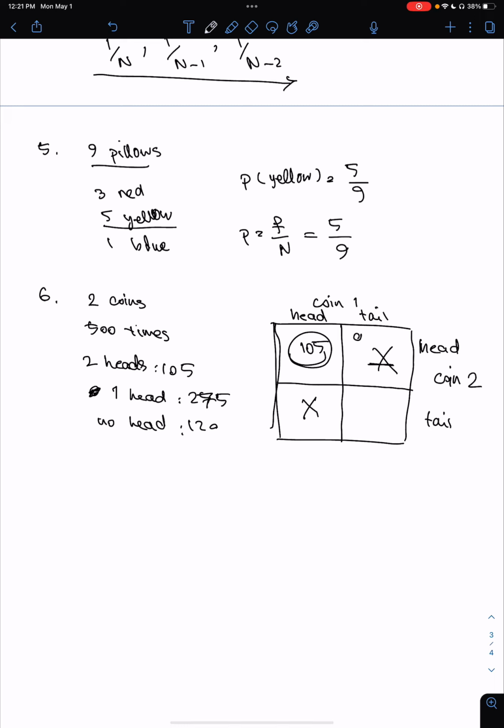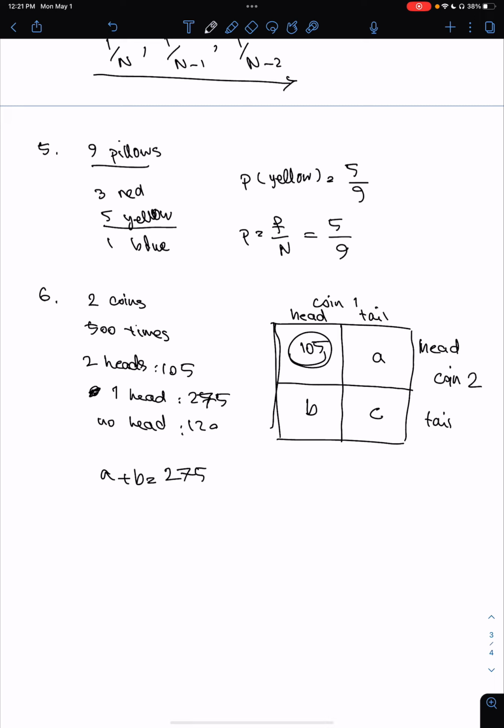These two, let me call them: if this is A, this is B. A plus B equals 275. And then we had no head 120 times. So no head will be both coins being tail.